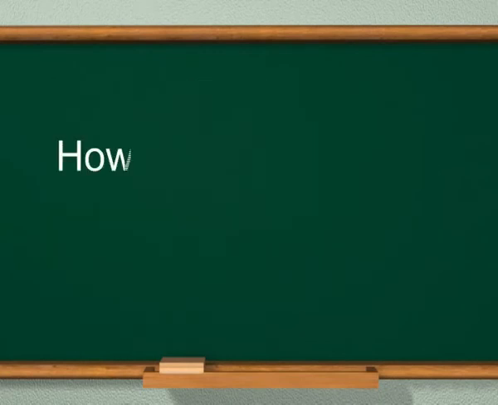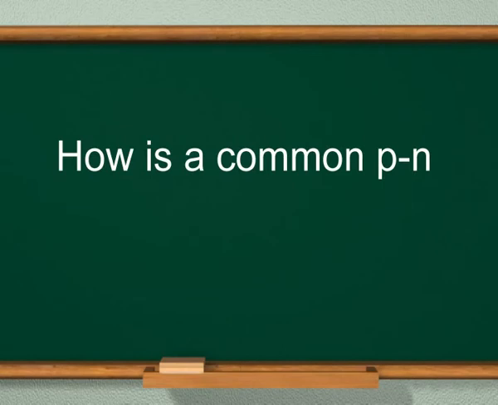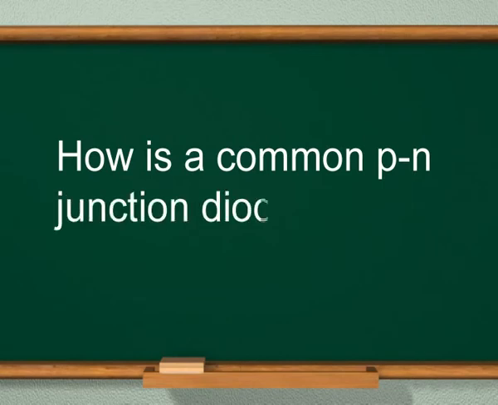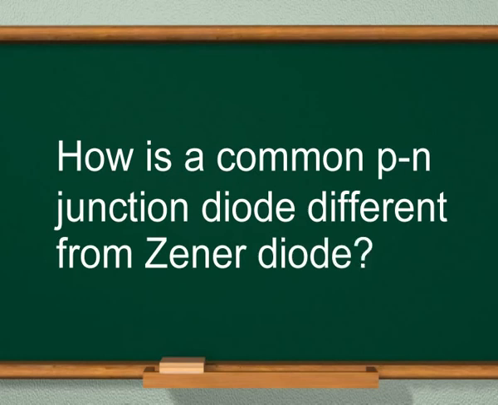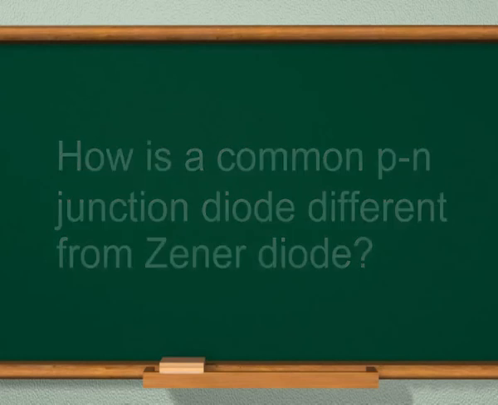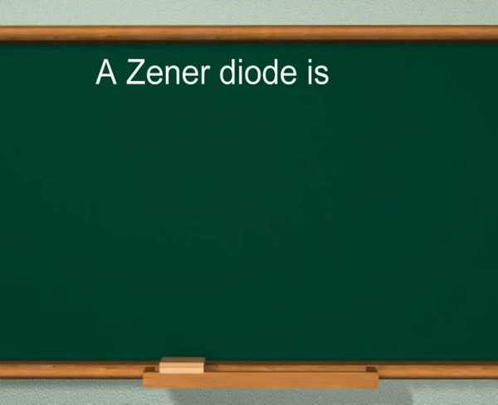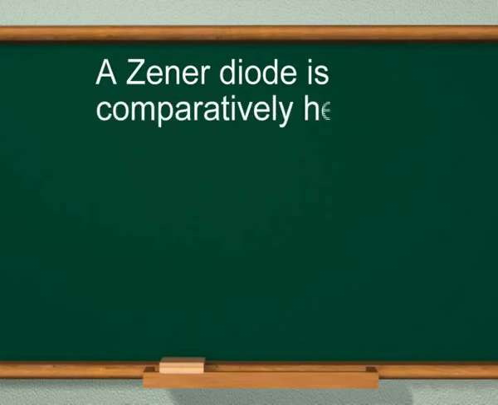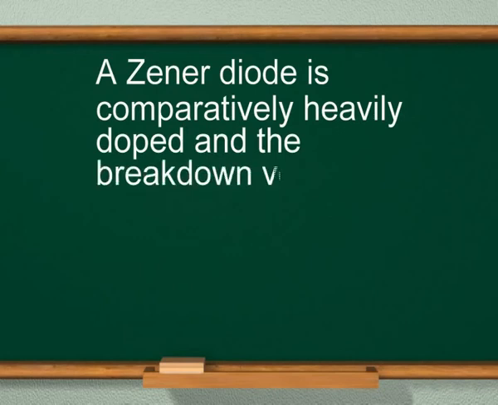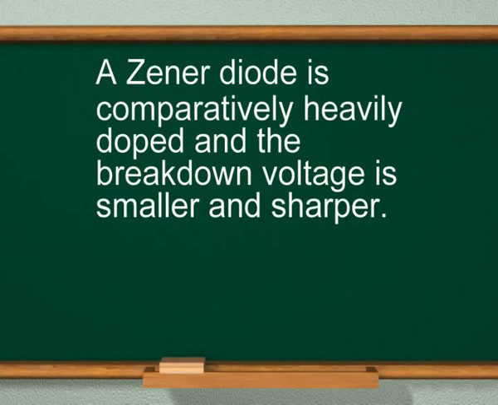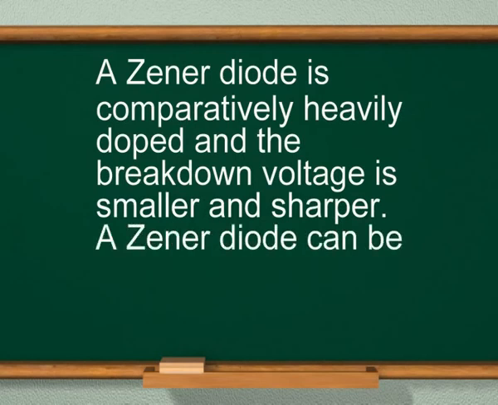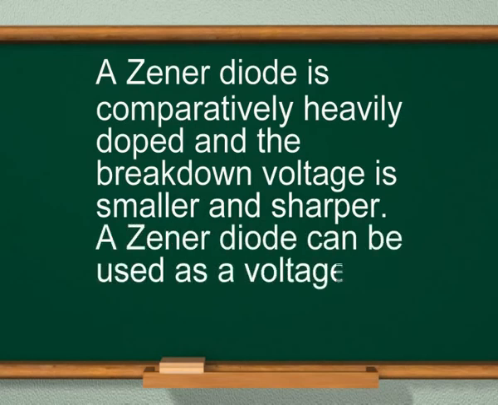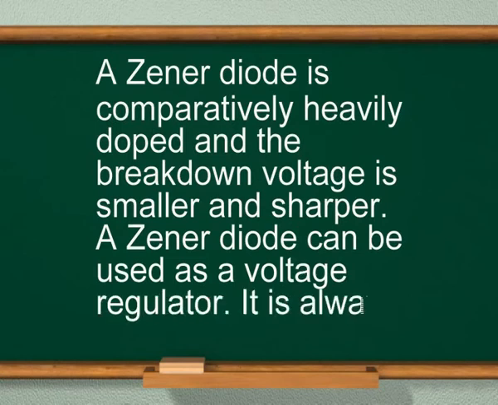My next question is: how is a common PN junction diode different from a Zener diode? The answer is: a Zener diode is comparatively heavily doped and the breakdown voltage is smaller and sharper. A Zener diode can be used as a voltage regulator.